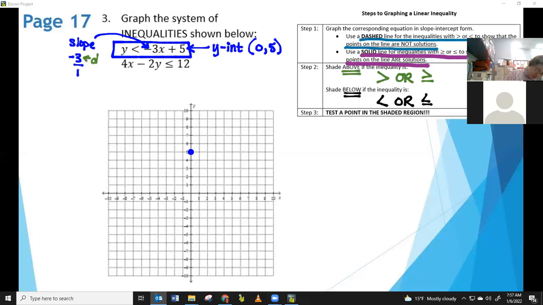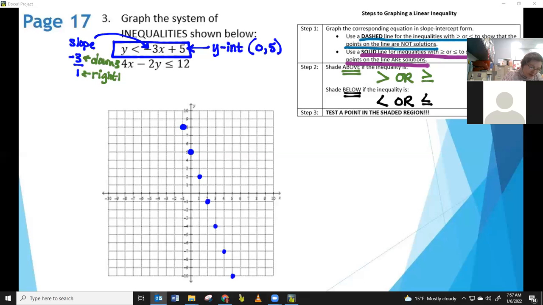That tells me to go down 3 and right 1. So from my y-intercept, down 3 and right 1, down 3 and right 1, until I run out of space on my graph. And then I turn it around and I go backwards as far as I can, which is just one dot here.